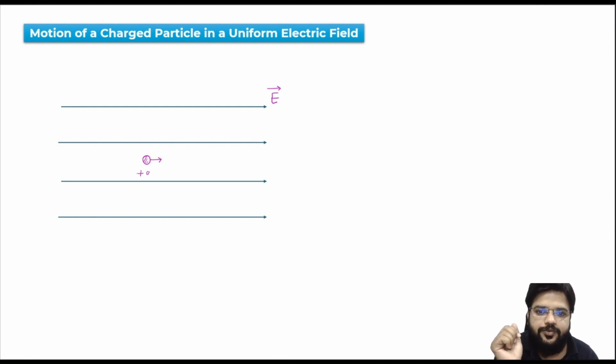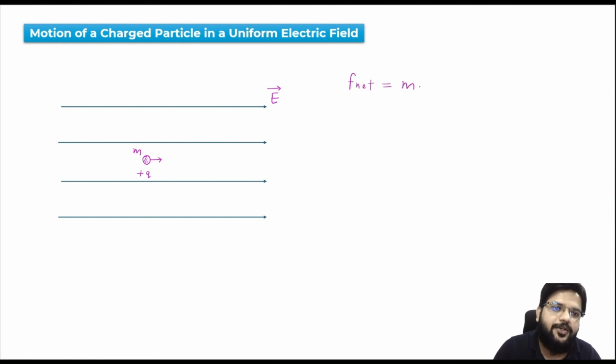We are putting one plus q charged particle in this uniform electric field, and let's suppose the mass of the particle is m. According to Newton's second law, we know that the net force acting on the particle can be written as mass into acceleration.